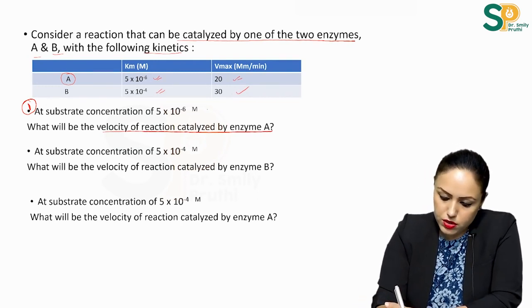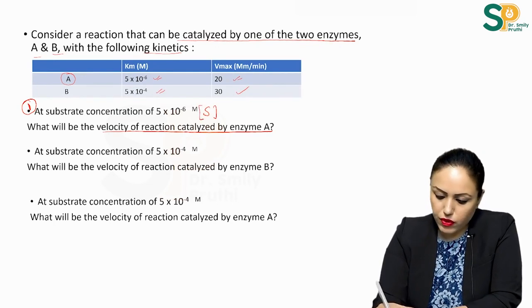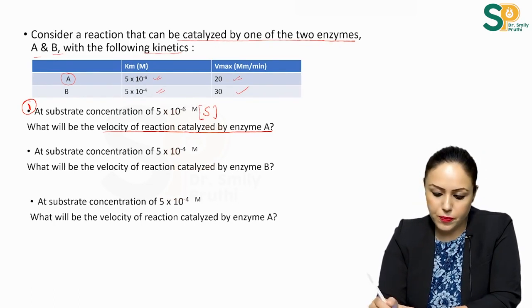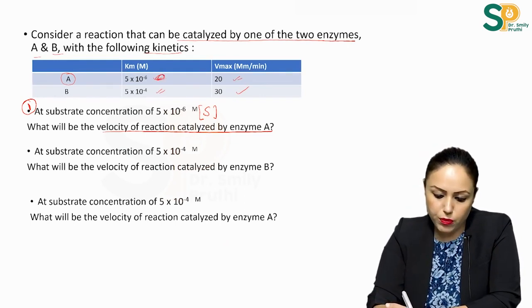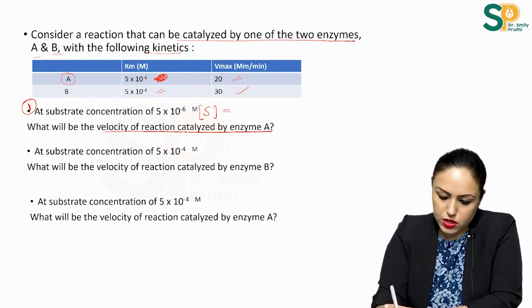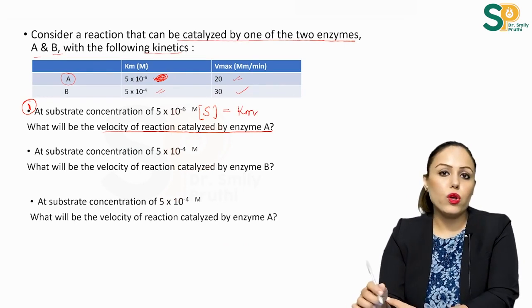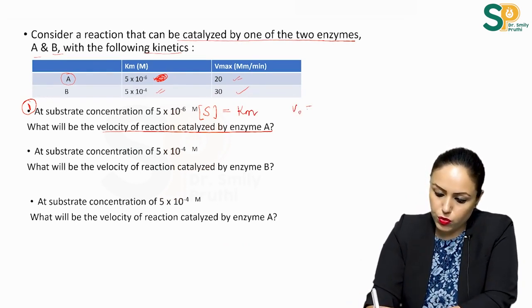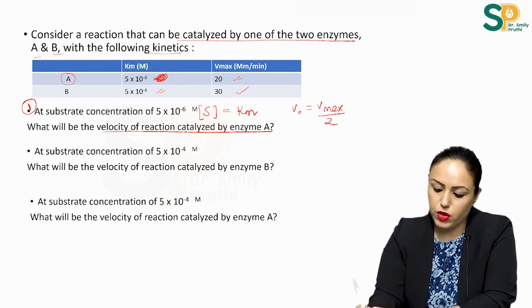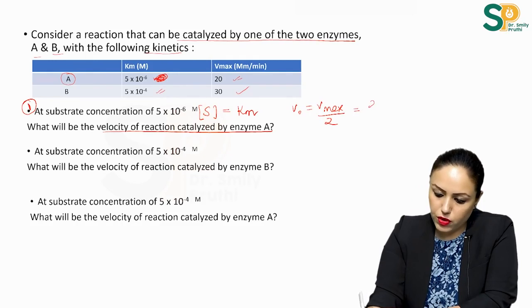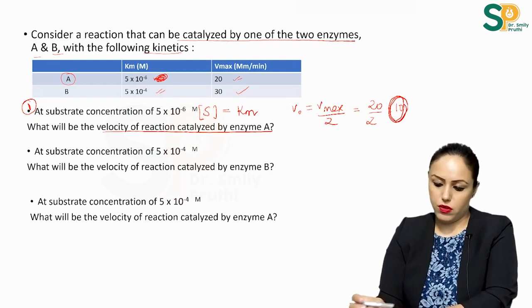Here the substrate concentration is 5 into 10 to the power minus 6, and Km of this enzyme is also 5 into 10 to the power minus 6. So when substrate concentration is equal to Km, I told you velocity V0 is Vmax by 2. It is half of maximum velocity. Maximum velocity is 20. 20 by 2 is 10. So the answer is 10 here, right?